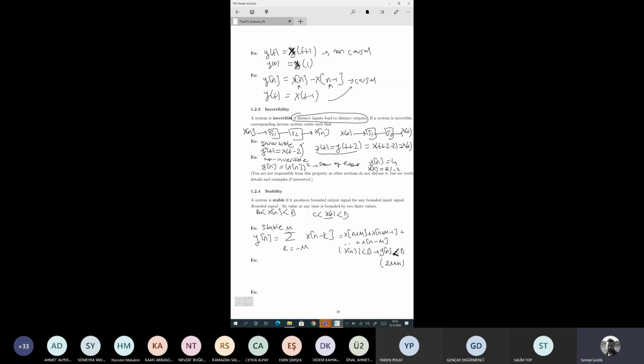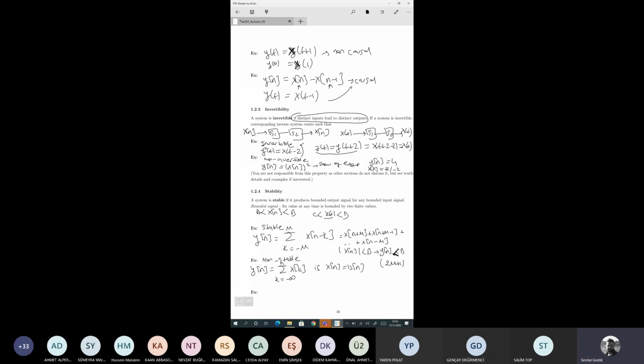Well, what about an example of an unstable system? Let y of n be the summation from k equals minus infinity to n of x of k. So what does it do? It sums the samples from minus infinity to n. So this is non-stable, and I will show that this system is unstable by a counterexample. Assume that x of n is equal to u of n.